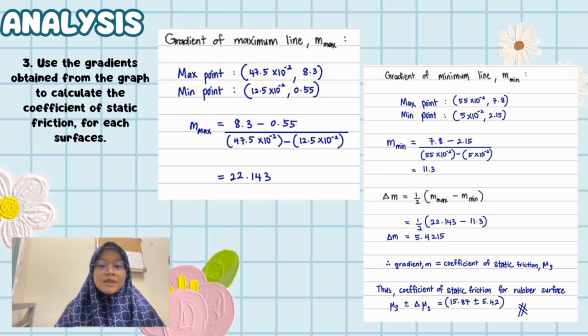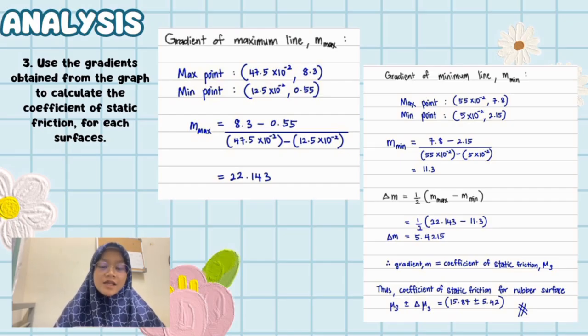So we put the values into the gradient formula. Then when we calculate it, we would get that the gradient of the maximum line is 22.143.